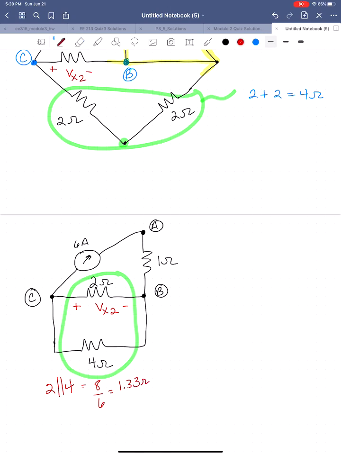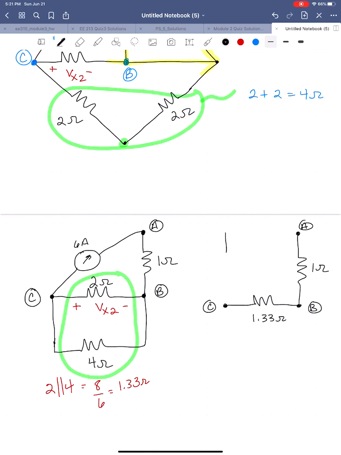So redrawing that as well. Here's C, here's B, and here's A. So here's that 1 ohm resistor. So 1 ohm, 1.33 ohms.